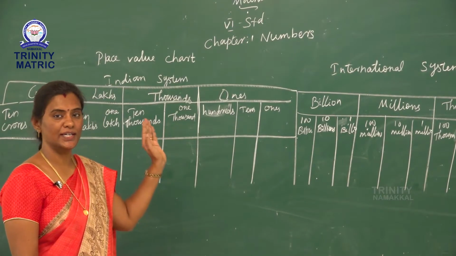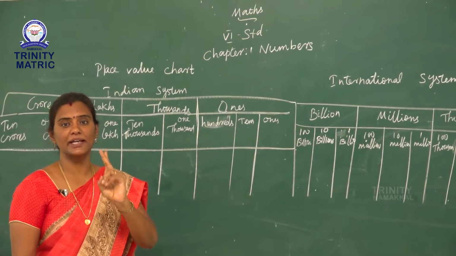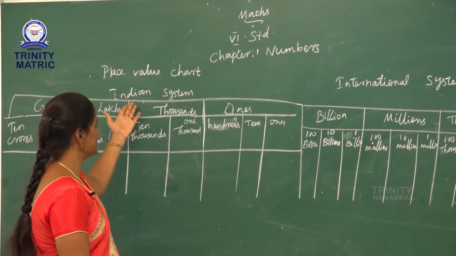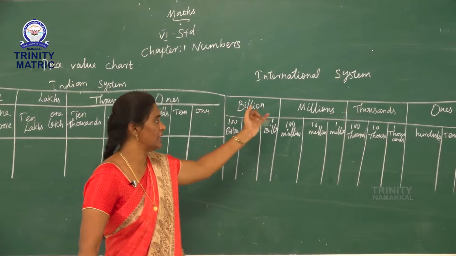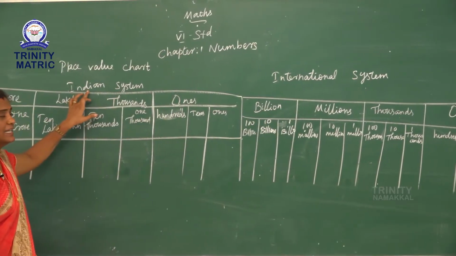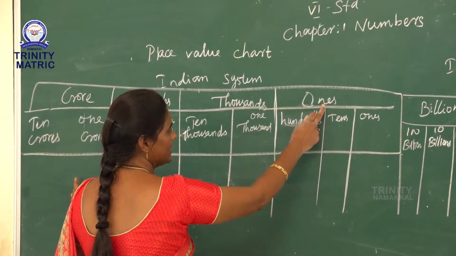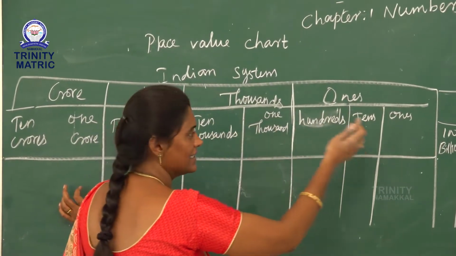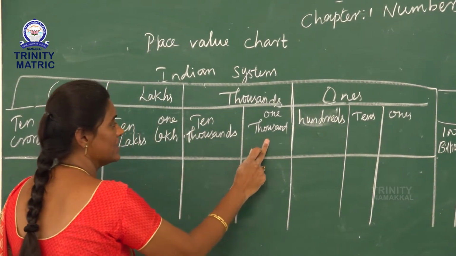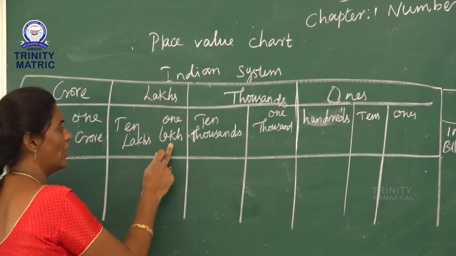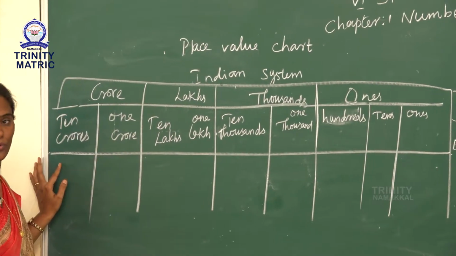Next we are going to see the place value chart. See, there are two systems in the place value chart. One is the Indian system and the other one is the international system. First we see the Indian system. In the Indian system, the place values are ones, tens, 100, 1000, 10,000, 1 lakh, 10 lakh, 1 crore and 10 crore.